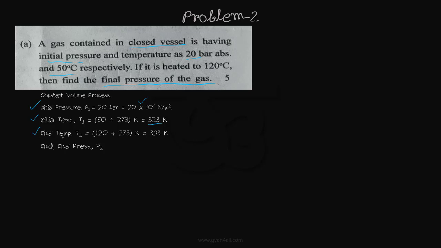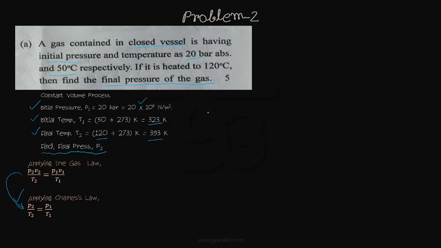Final temperature T2 is equal to 120 degrees centigrade, so it is 393 Kelvin. We have to find the final pressure P2. So as usual, we can apply the characteristic gas equation, or also we can apply Charles' law directly. From this also we will get this, because V1 equal to V2.